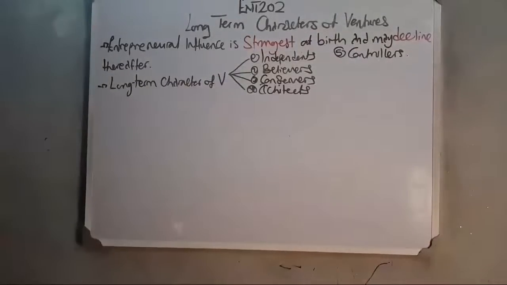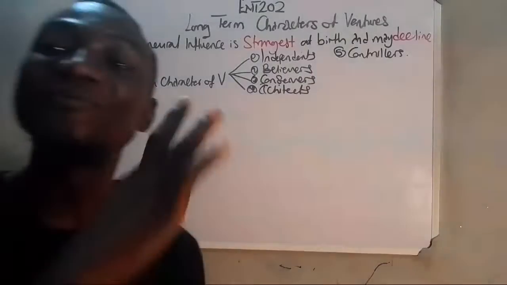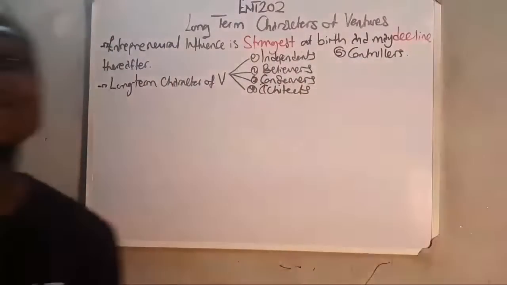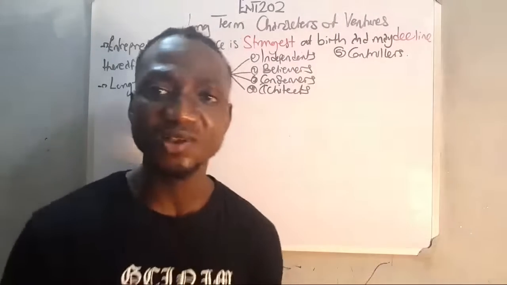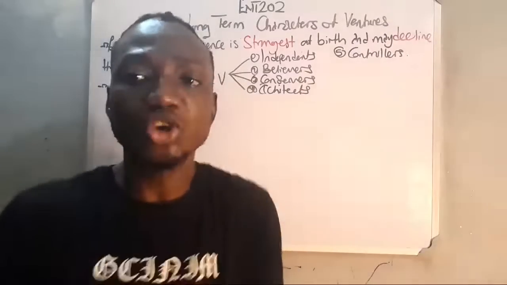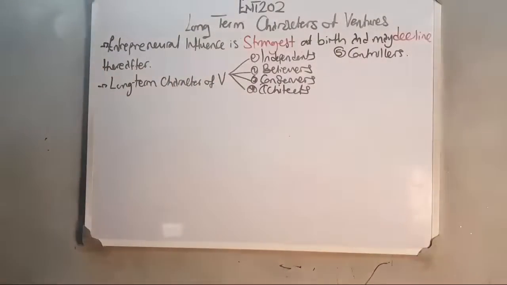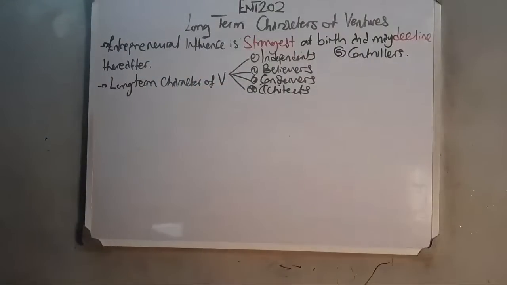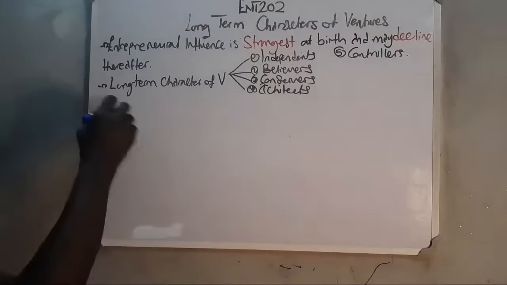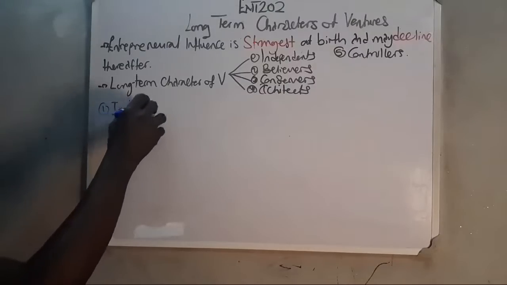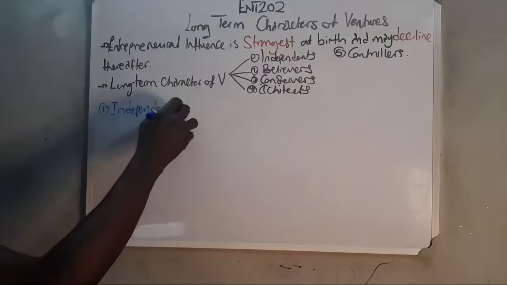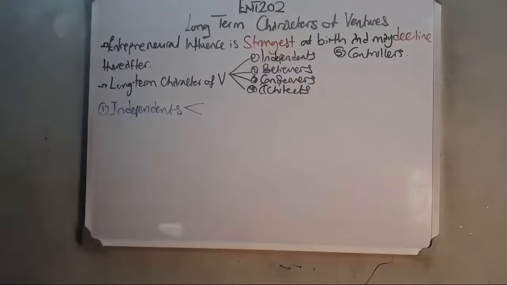This is to say that this type of venturers are die-hard venturers. They stand by what they believe in, and they ensure they build it to success. Those are the independents.